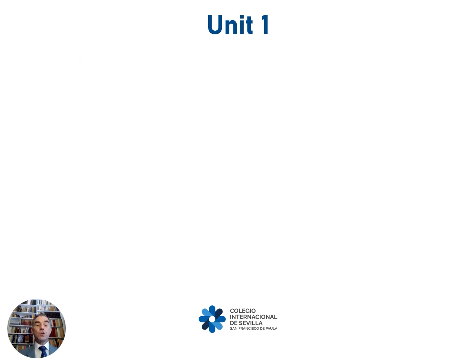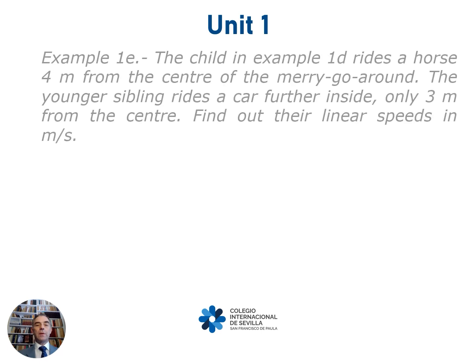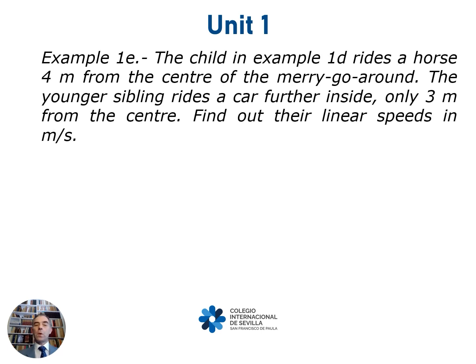Let's finish today's session with a numerical example. Example 1e. The child in example 1d rides a horse 4 meters from the center of the merry-go-round. The younger sibling rides a car further inside, only 3 meters from the center.